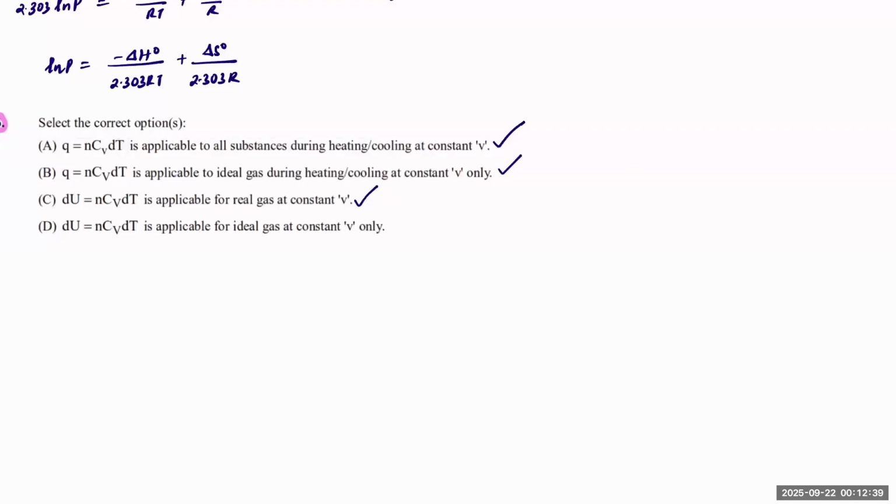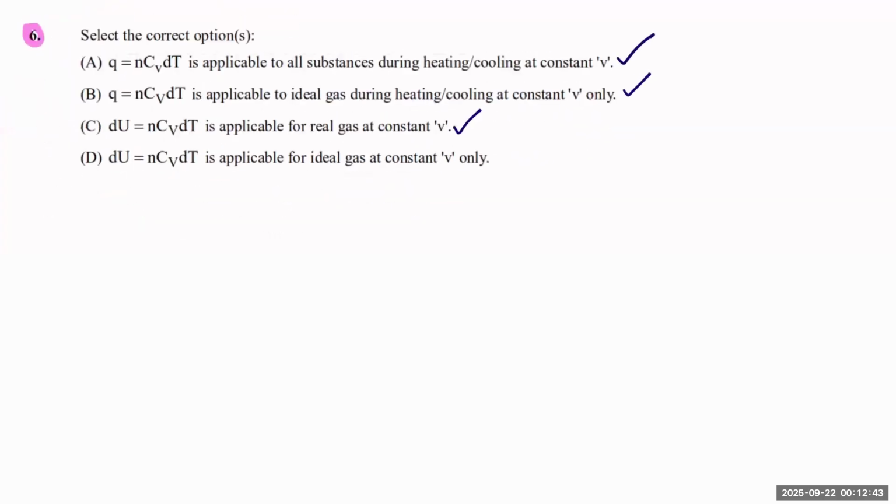Let me remind you what we discussed earlier. dU can be written as (dou U by dou T) at constant volume into dT plus (dou U by dou V) at constant temperature into dV. Clear? This is how we can write.